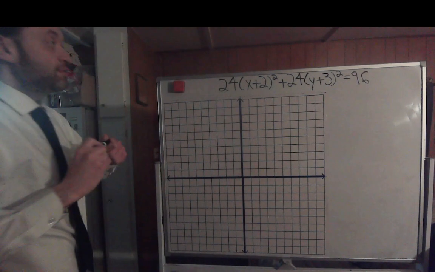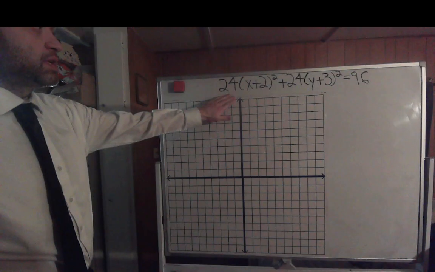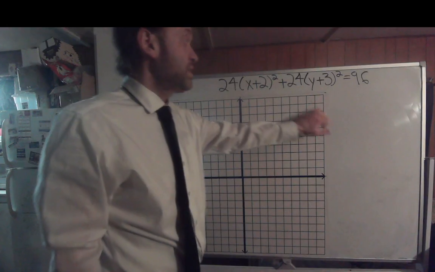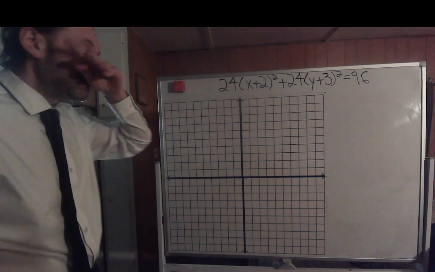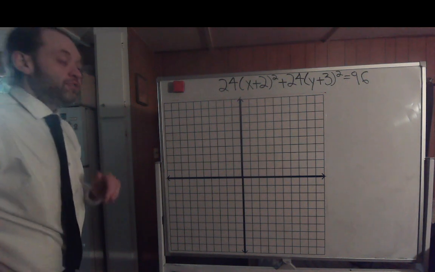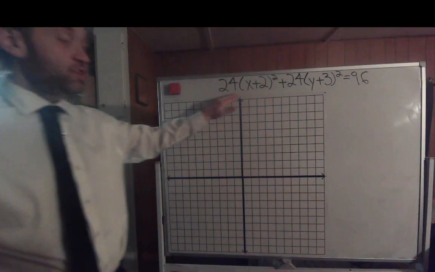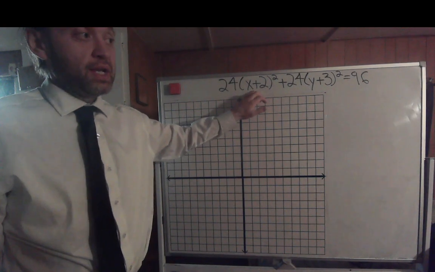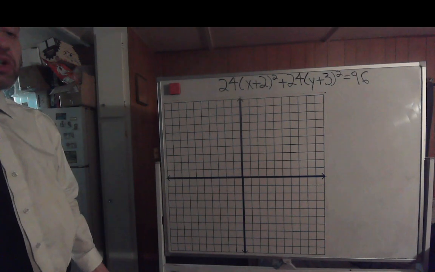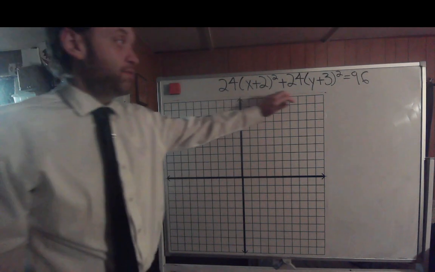So we have 24 times the quantity of x plus 2 squared plus 24 times the quantity of y plus 3 squared equals 96. Well, a couple things here. If you ever have a coefficient on your quantities, that coefficient always needs to be 1. The good news is you have the same coefficient on each.